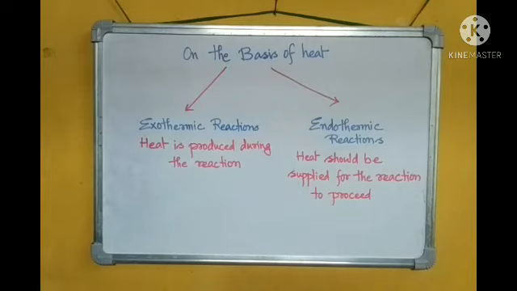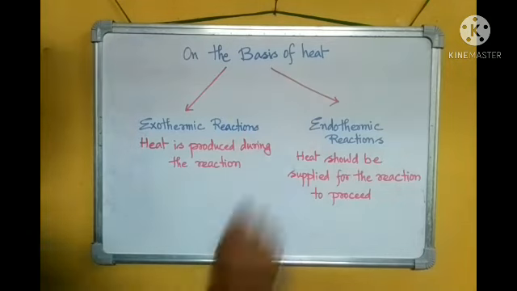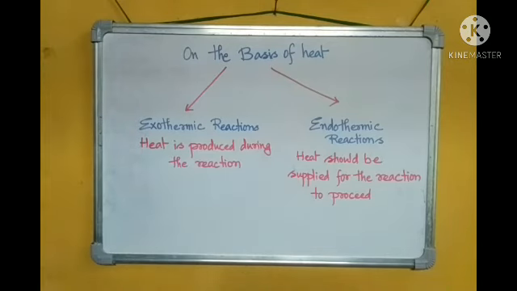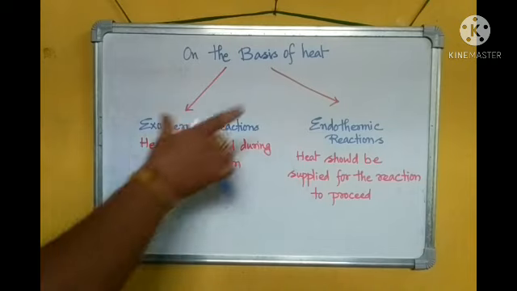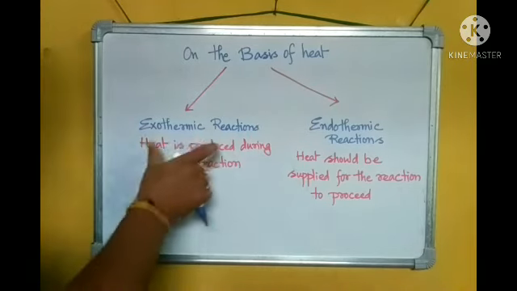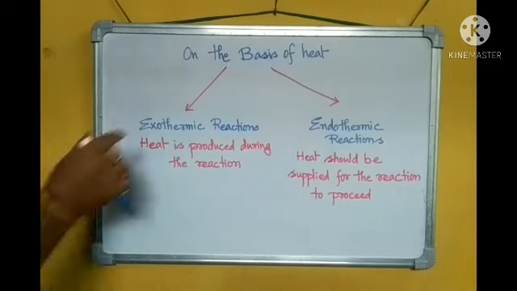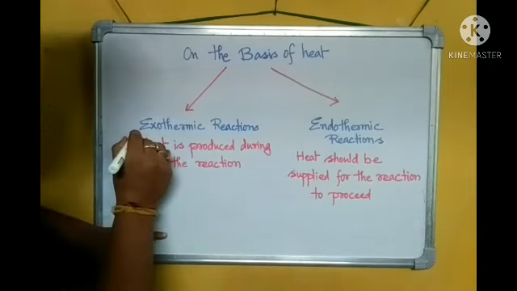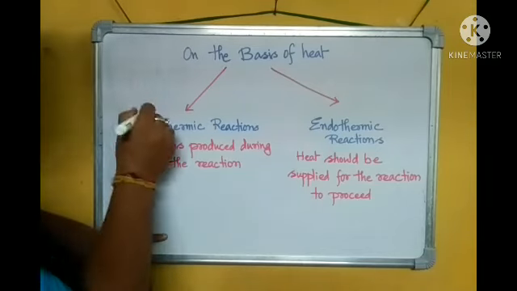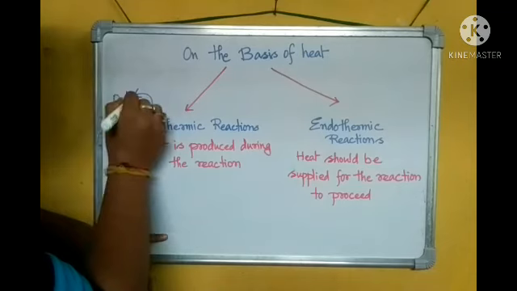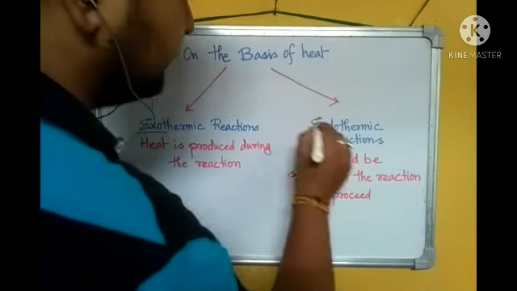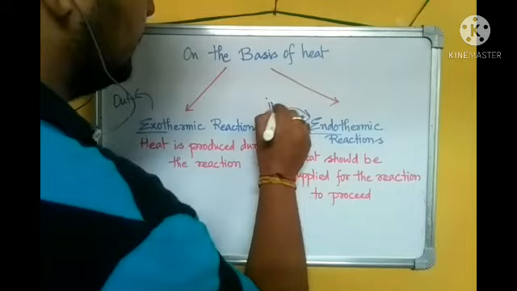So on the basis of heat, reactions can be divided into two types: exothermic reactions and endothermic reactions. These are two important classifications of reaction. Exo means out, and endo means in.